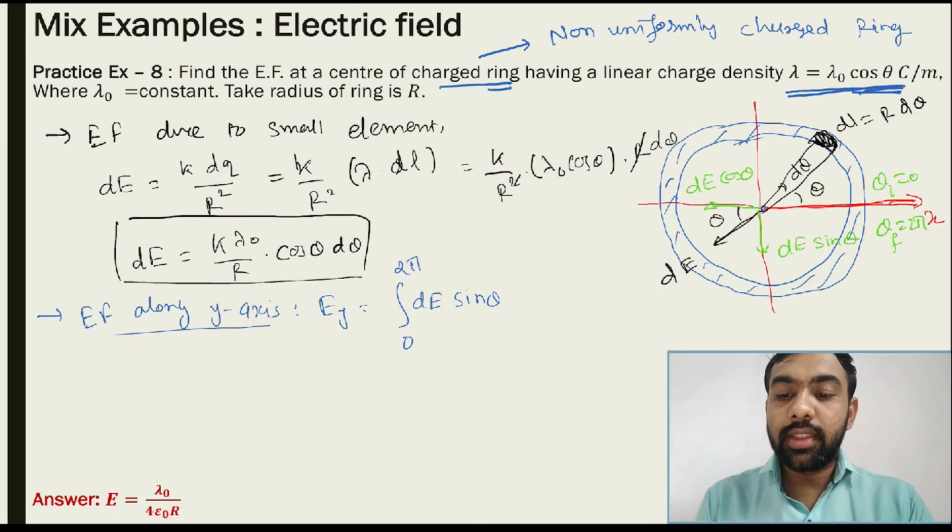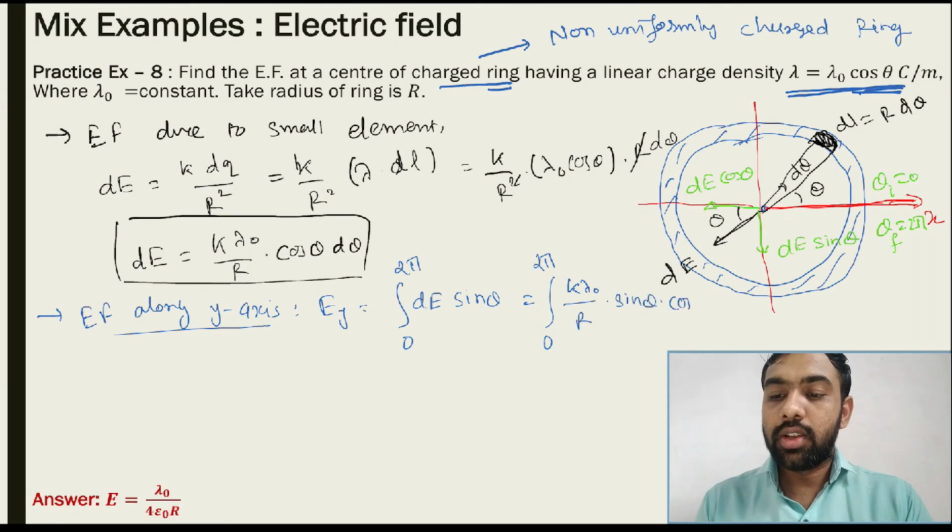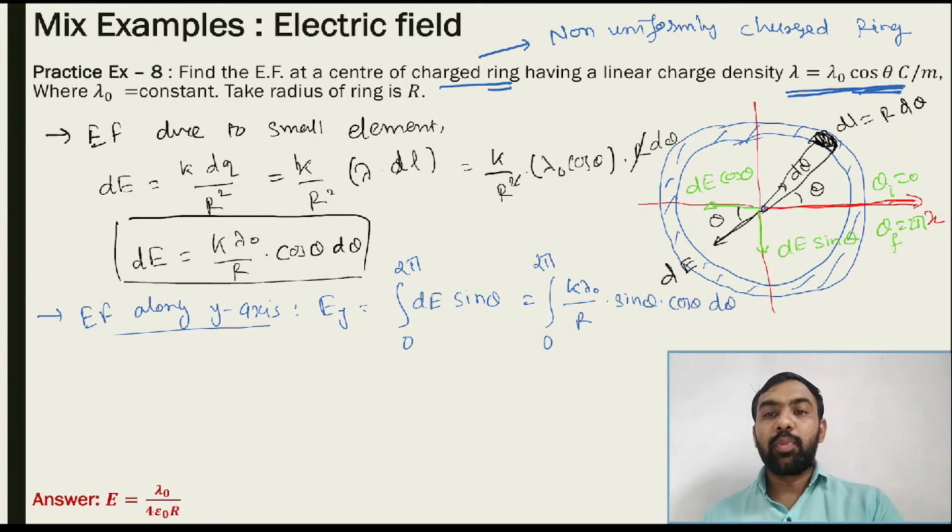So put this value of dE sin theta. So what is the answer? Integration 0 to 2 pi of k lambda 0 upon r, here it is given, into sin theta cos theta d theta.